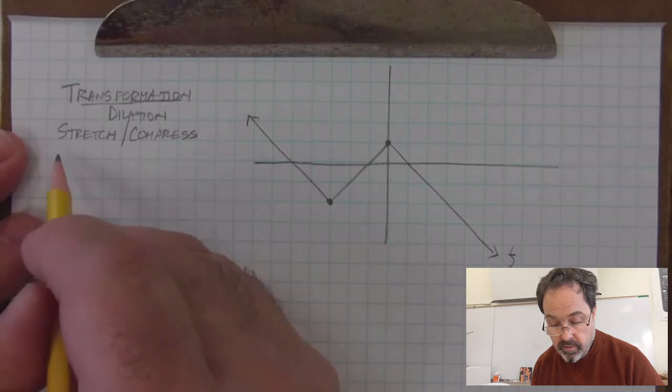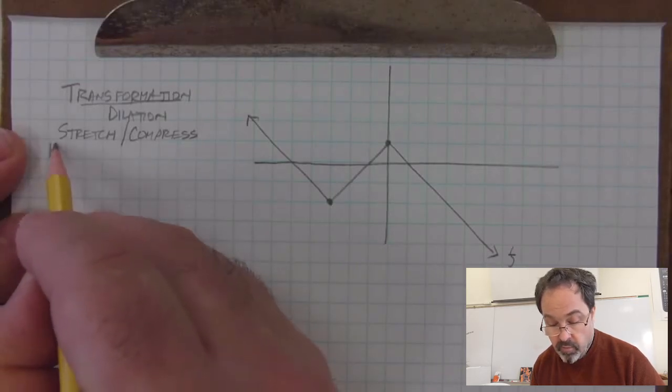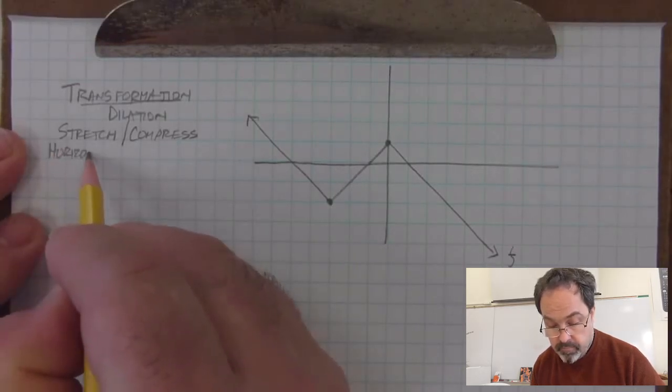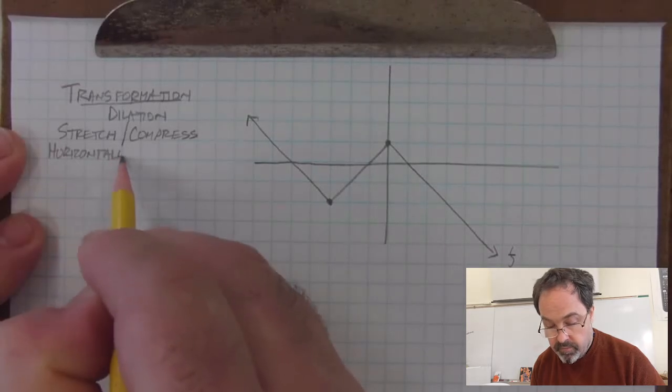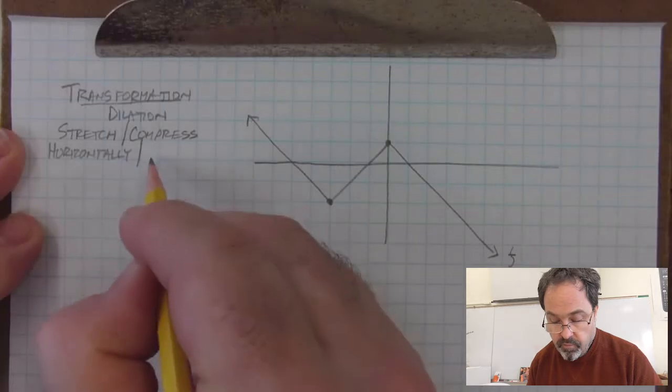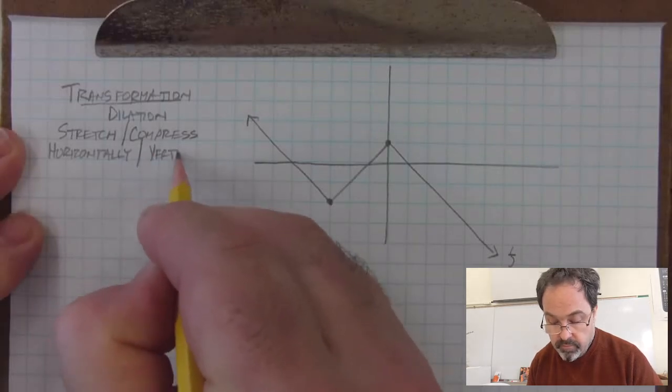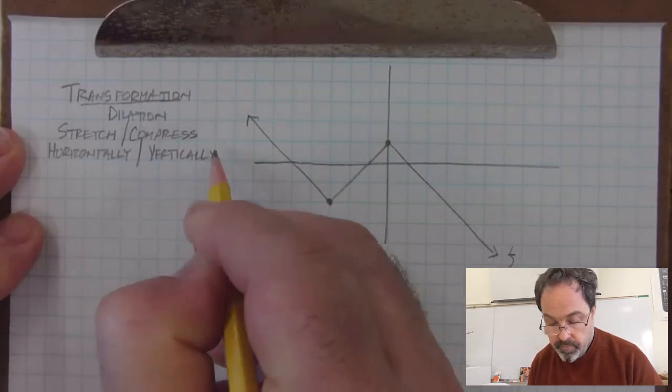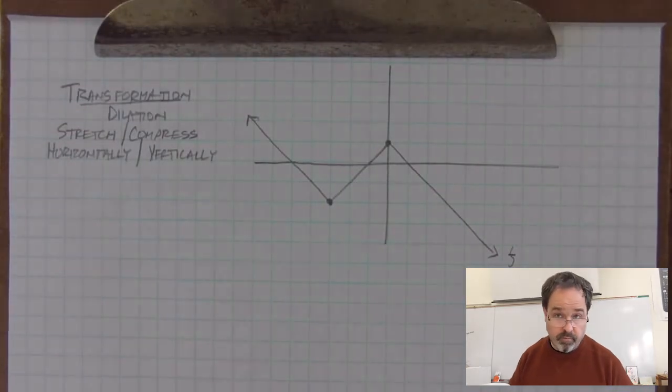And we can stretch and compress horizontally by affecting the horizontal variable, typically x, and we can stretch and compress vertically by affecting the vertical variable, typically y.